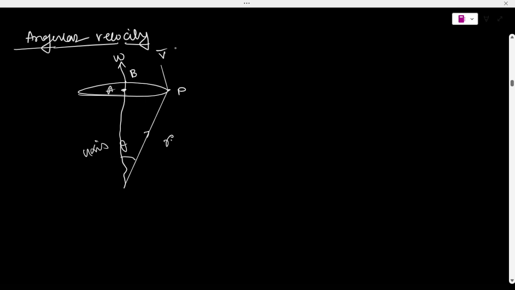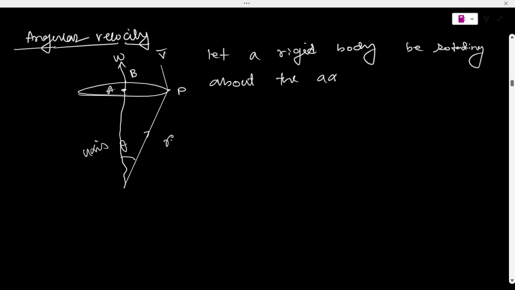So let a rigid body be rotating about the axis OA.